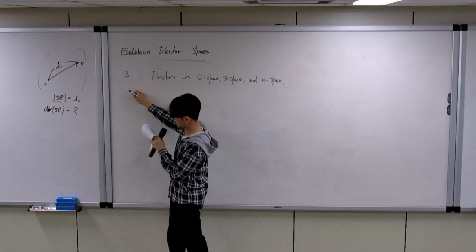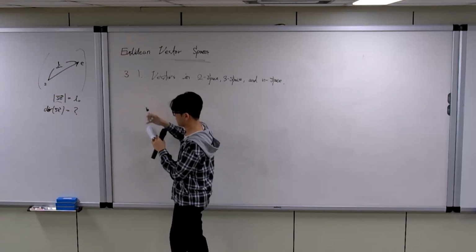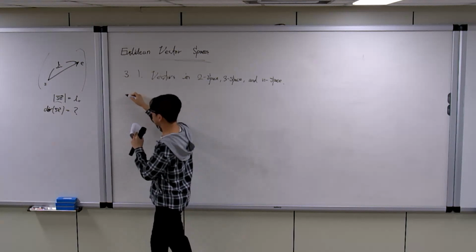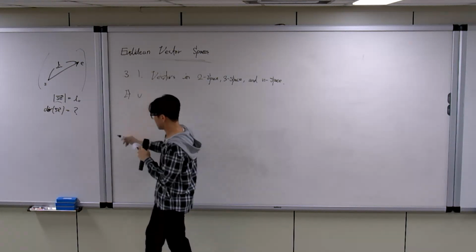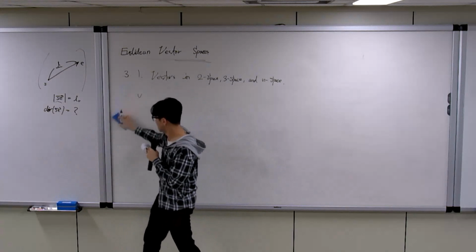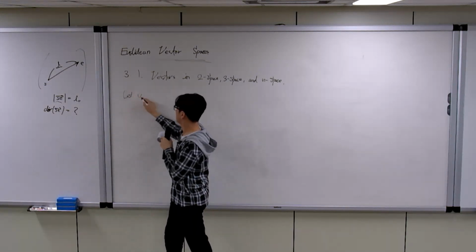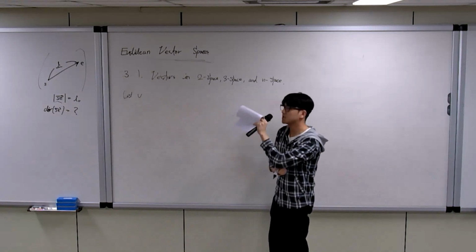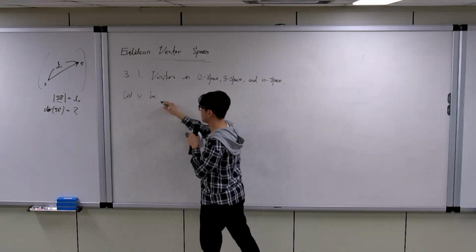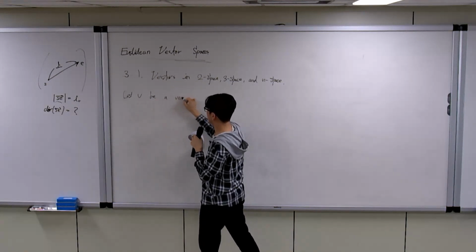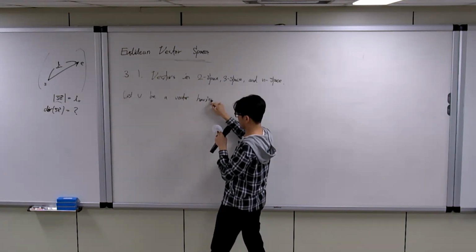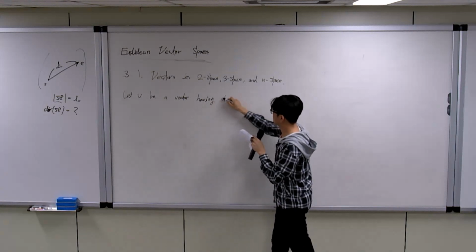So I used this notation, and let me explain more precisely. I will preview a vector. We used vectors in the previous chapter, so I used the notation v. Let v be a vector having two points.